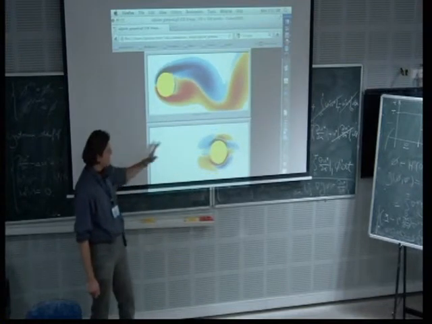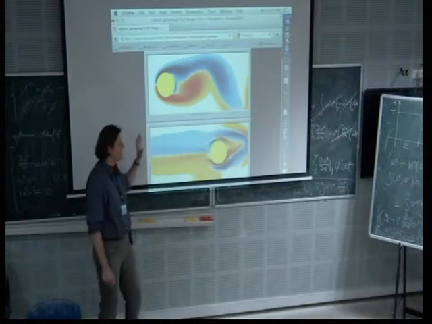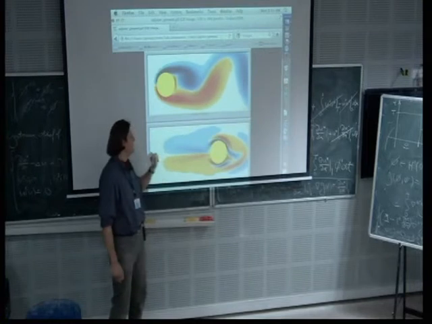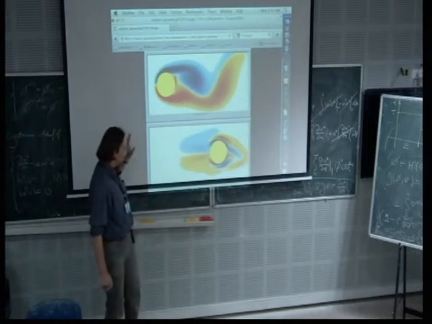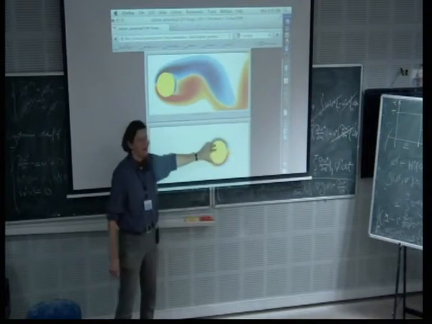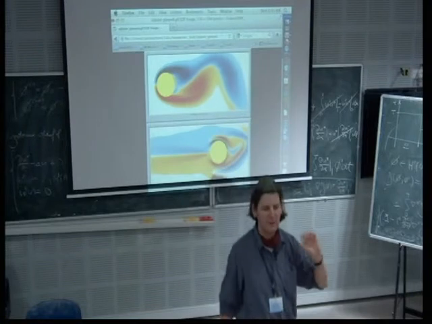Now, since this is a terminal value problem, we see that the solution vanishes at the end of the time window. Okay, so we go through the time window. This is the end of the time window right now, and we see the solution vanishes because this is a terminal value problem with homogeneous terminal data.